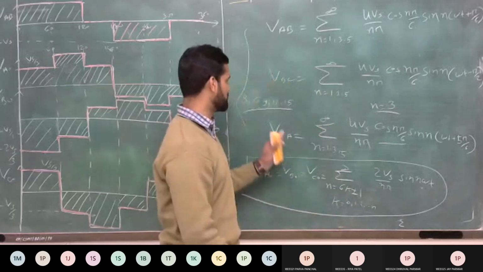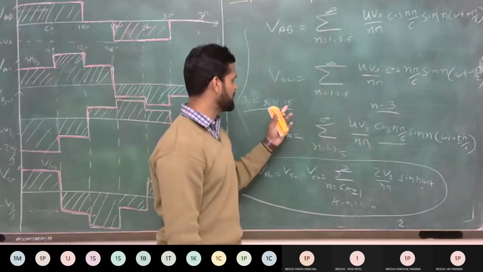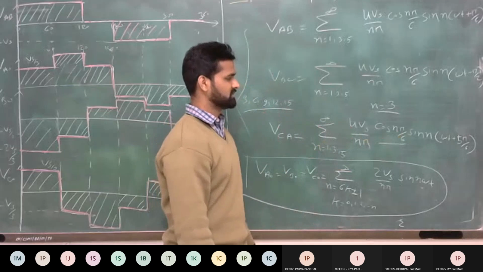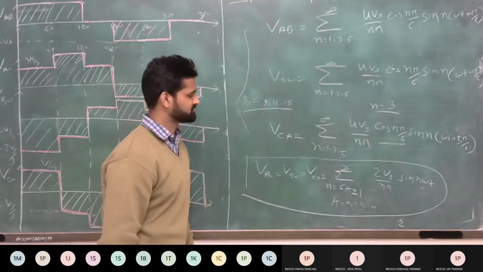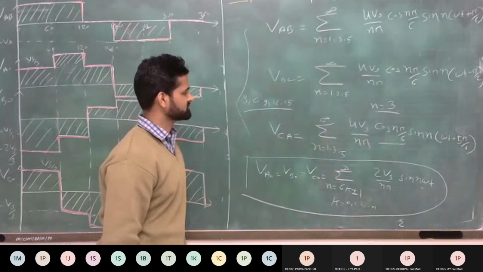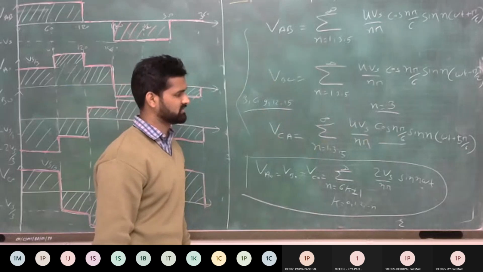In the same way, if you put the value of n equal to 6, 9, 12 and 15, you get the 0 value. Clear? Is there any doubt? Very good.